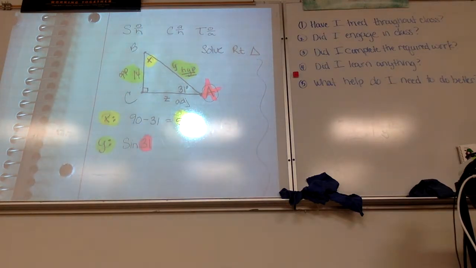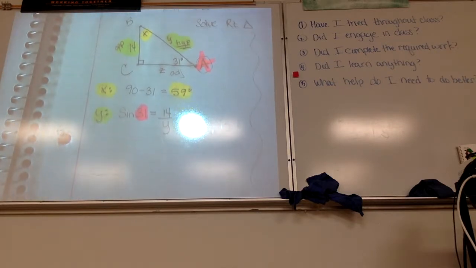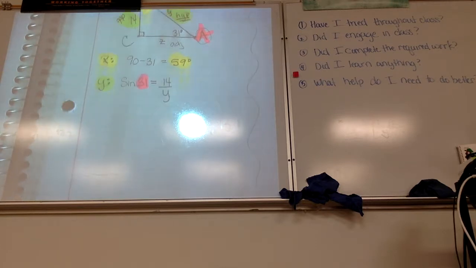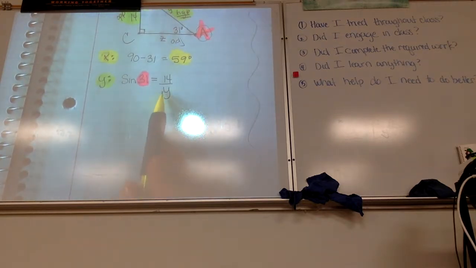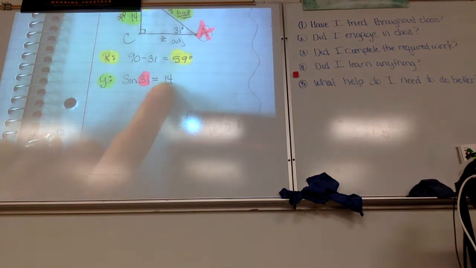You always do the measure of the angle from where you stood. Sine of 31 equals opposite over hypotenuse. Do I multiply or divide? Do you divide? Good. You divide because the y is in the denominator. So you just switch these around and you do 14 in your calculator. So everybody calculators out. Let's do this together. You're going to just divide what you see.